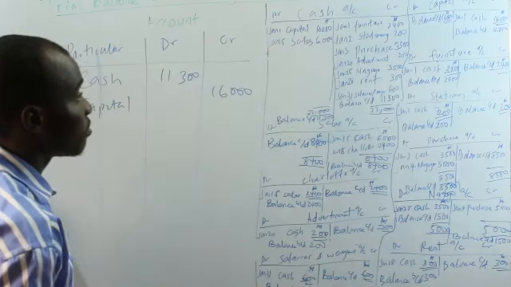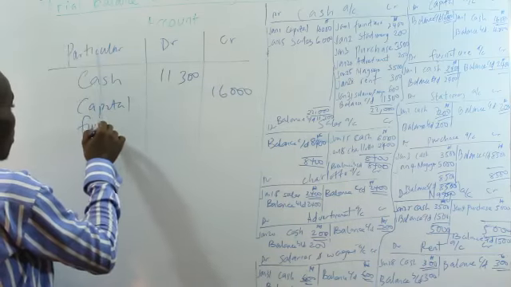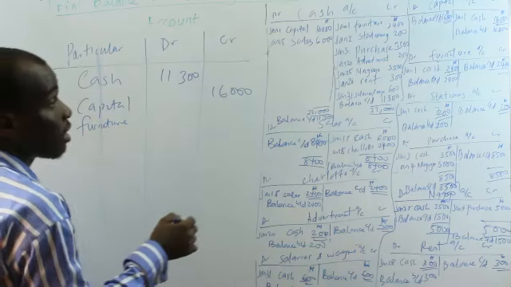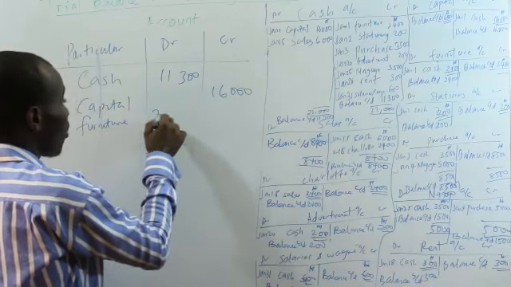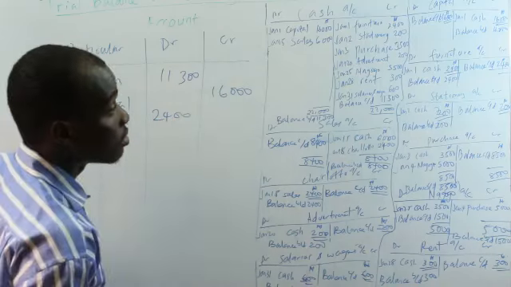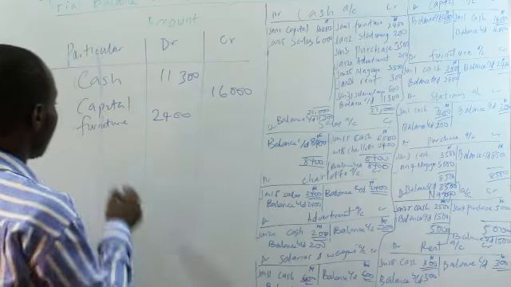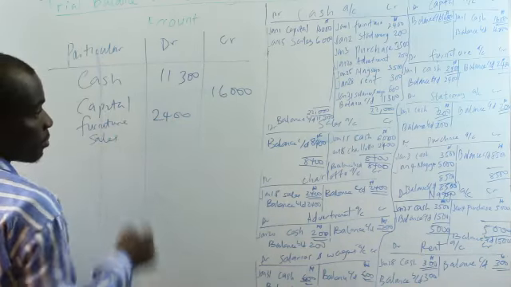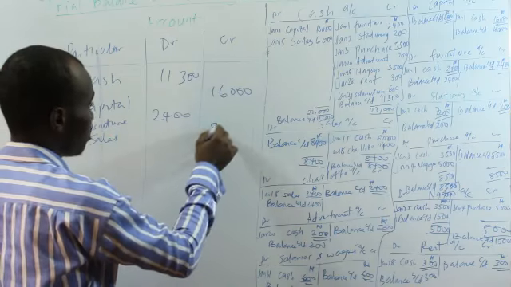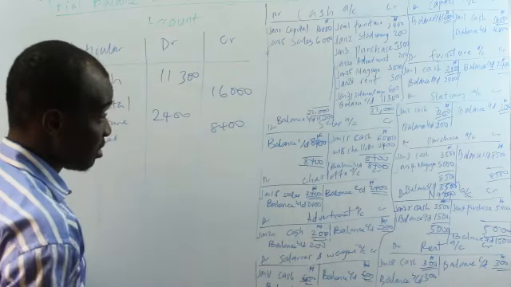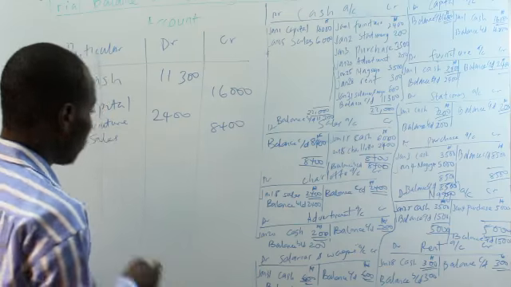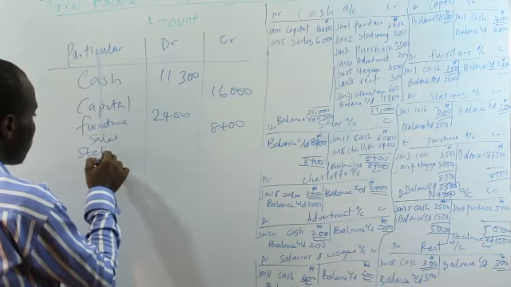So we have furniture. That is the debit balance and an asset. That will be 2,400. So we have sales. That gives us 8,400, having a credit balance. So you have stationery.